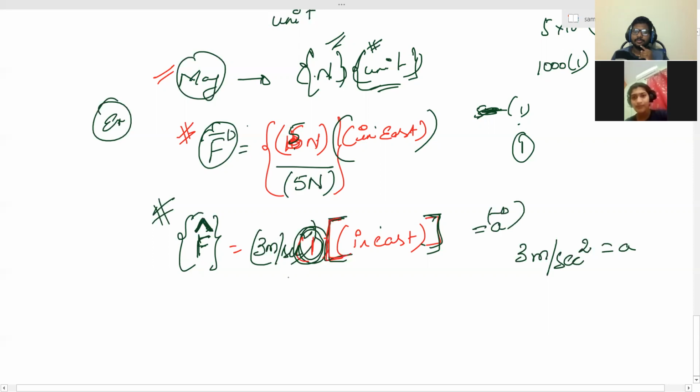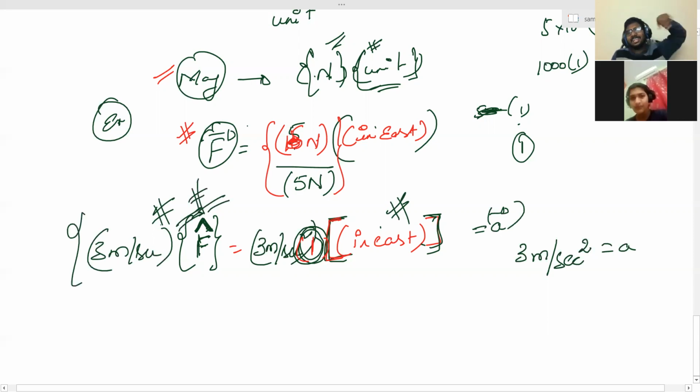What is the direction? East. So if you have a cap with you and multiply with 3 meter per second square, you have one direction, and you can write any other vector in terms of this cap. That means cap will give you direction, and if you have any other vector in that direction, you can multiply with that magnitude, you will get that vector.